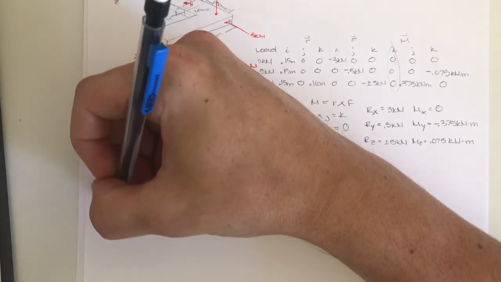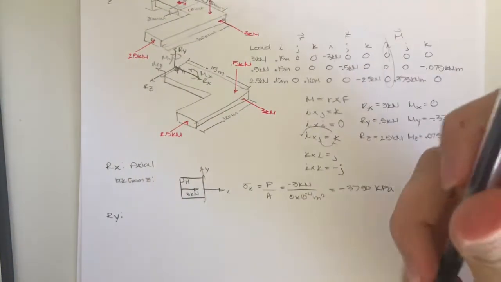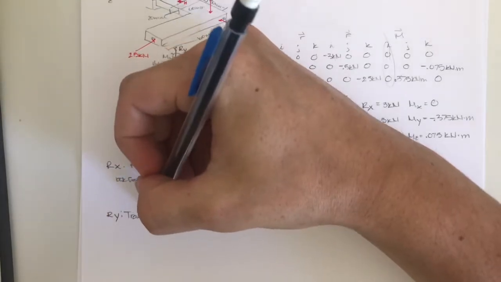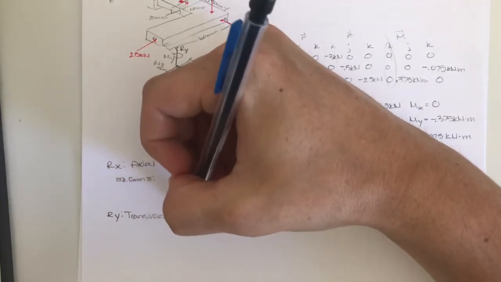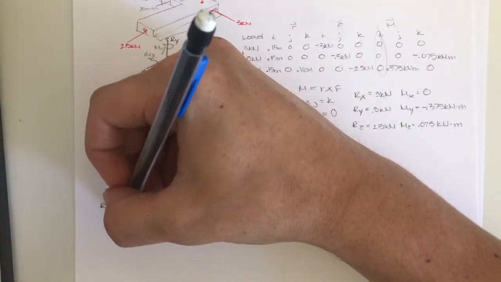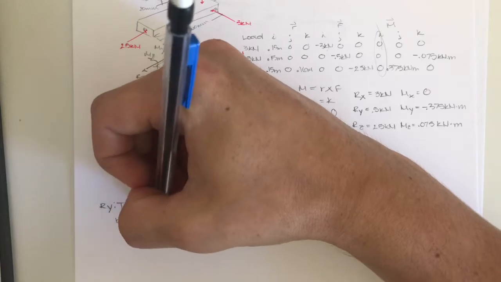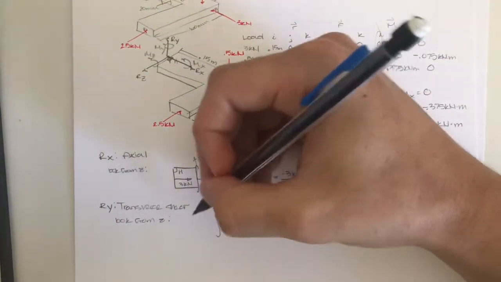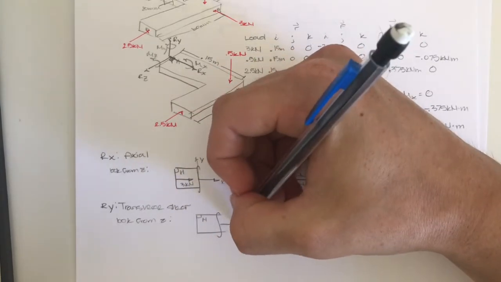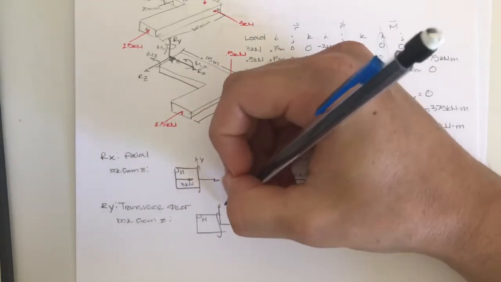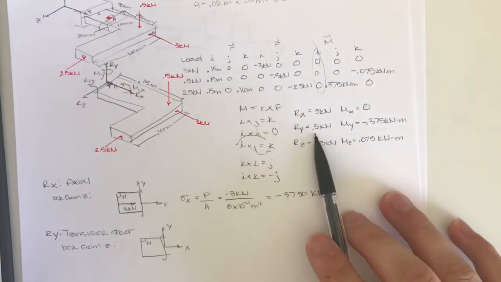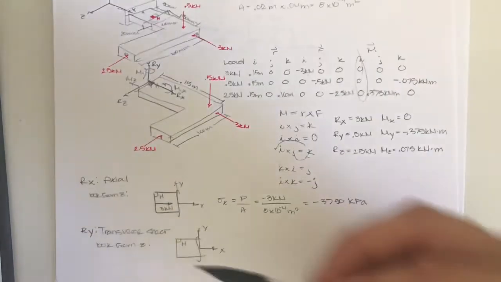And for Ry, it is going to be transverse shear. We're going to have to look down the Z again. Look from Z. So that's going to be the same cut as above with H up here, positive X, positive Y, and the Ry force is positive 0.5 kilonewtons.